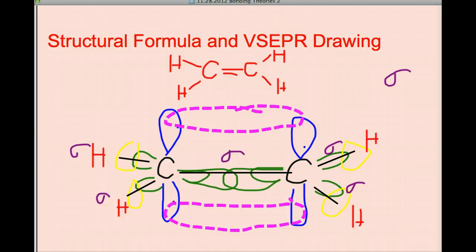And what we'll see is that a bond will occur, but since only 2 electrons can be in this orbital, sometimes that bond will be down here, sometimes up here, sometimes down here, sometimes up here. But I've created this double bond between these carbons.